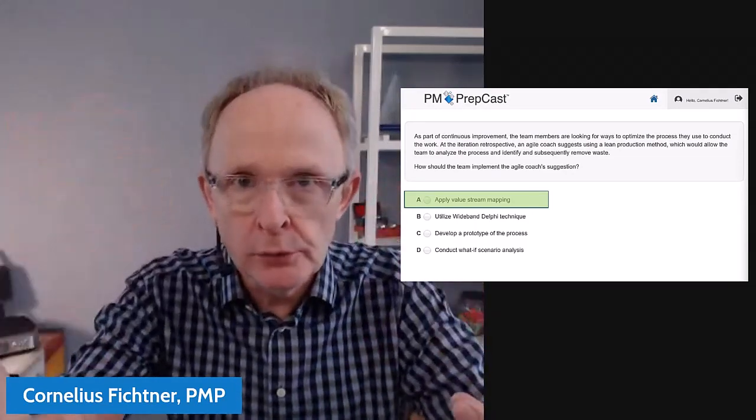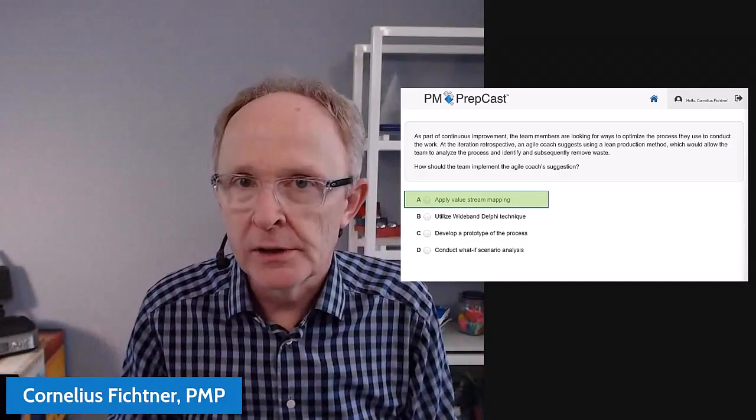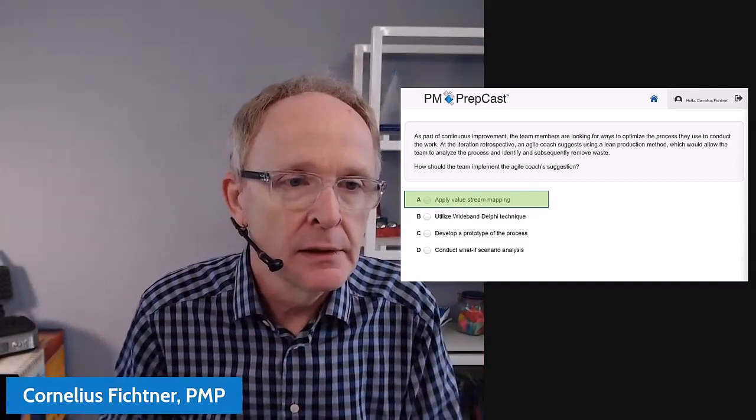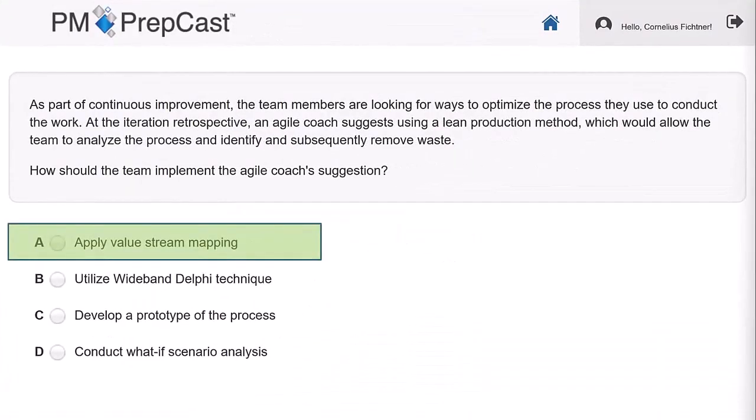How do we improve the value of this process? So you're analyzing the process from start to finish. Yes, so we apply value stream mapping for this in order to contribute to improved project success going forward.